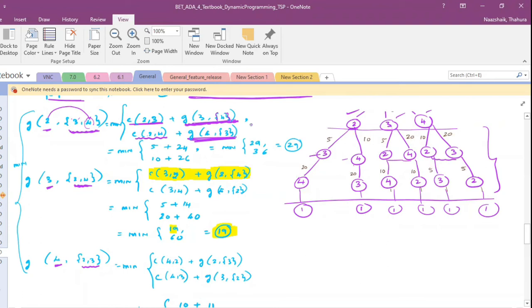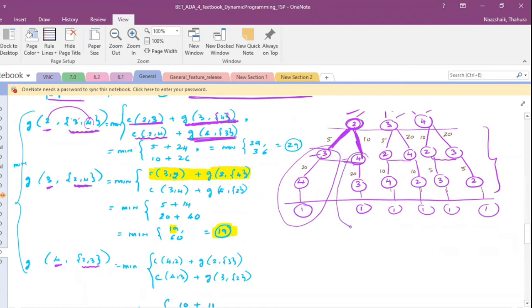So this step, how do you write? You pick 2, you have 2 choices, 3 or 4. This you know how to do. How do you expand this? You go 2 to 3 directly. Okay. From here on, use the previous formula. Right. So how do you write that? G of 3, okay, comma 4. That's how you write it. Same thing, how do you expand this? 2 to 4 is a direct edge, right?